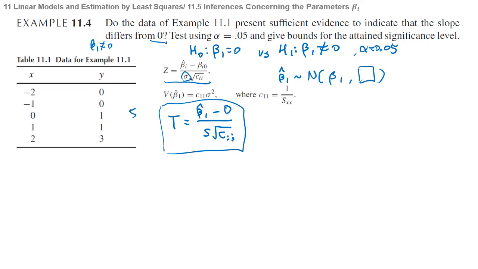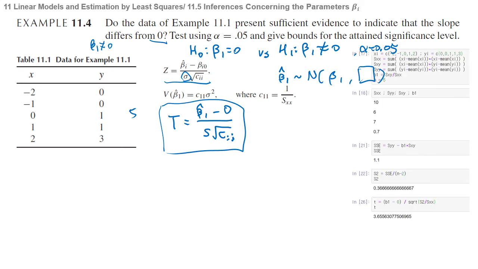And what would be next? The next thing is to calculate the test statistic. Here's the data. I think you are familiar with this example. Here's the part where I calculate our t statistic.